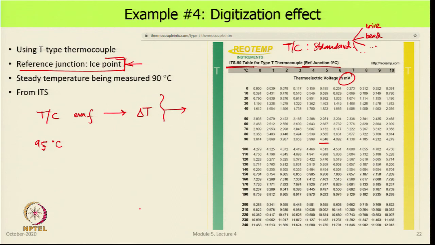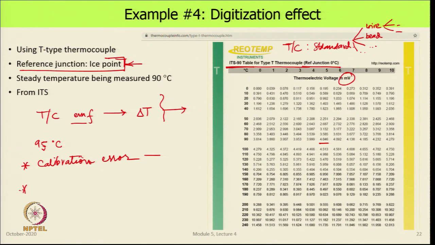So, if you make the bead yourself with wire which is not exactly the top grade, but medium or lower grade wire, which is what we normally end up using, and measure the EMF and use this table, then we will be off. That introduces a systematic error called the calibration error. And this will result in its own elemental systematic standard uncertainty.